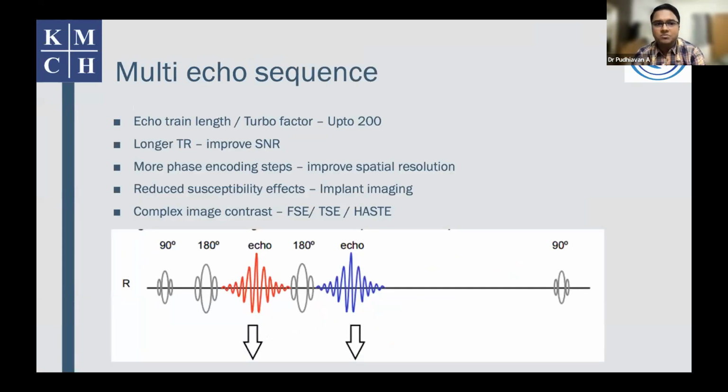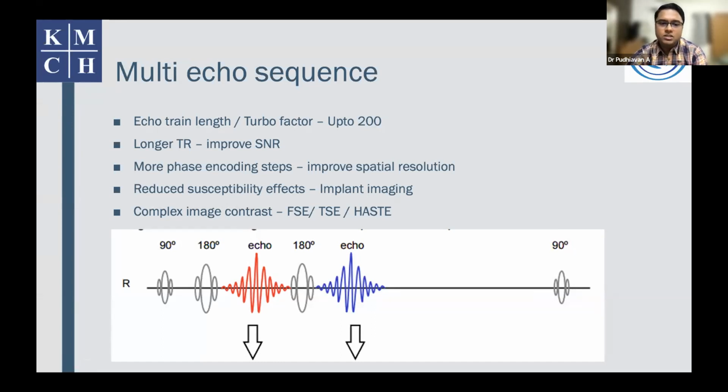Similar to this, there is something called a multi-echo sequence. Again, we have given a 90-degree pulse, a 180-degree pulse, and an echo is generated. But after this echo, the T2 relaxation and the T1 relaxation still happen like they normally do after a 90-degree pulse.